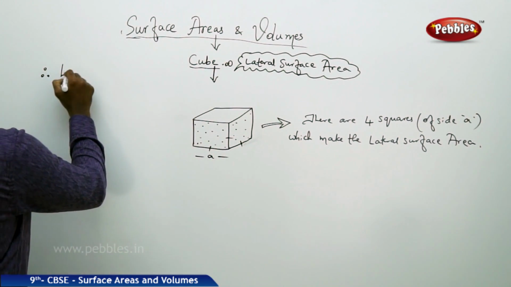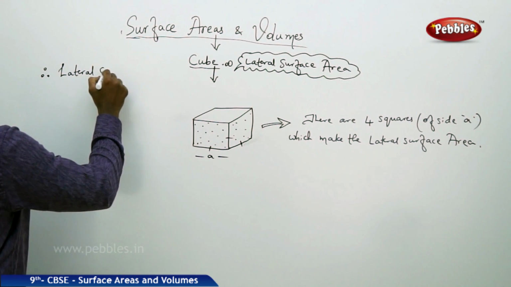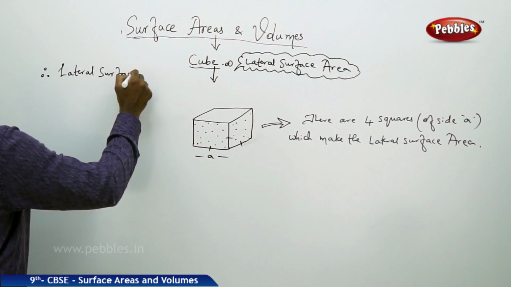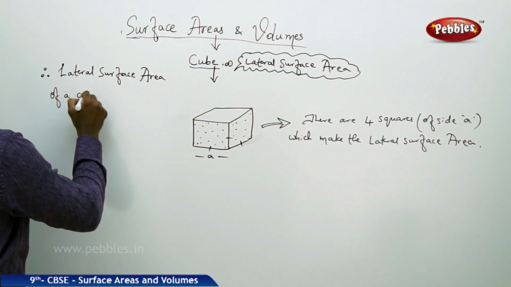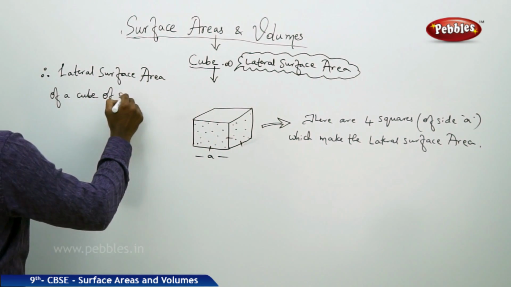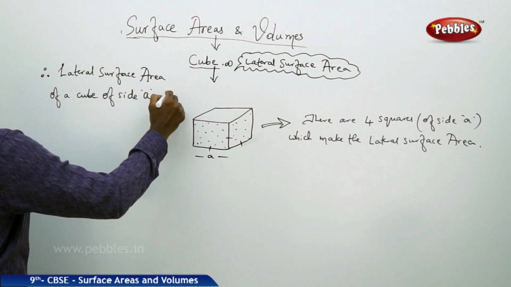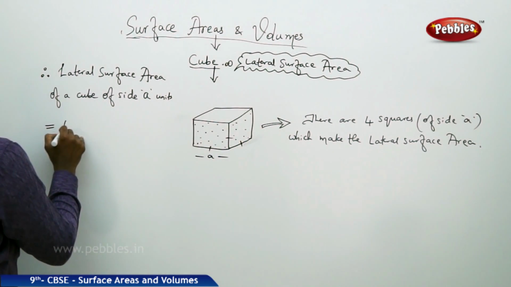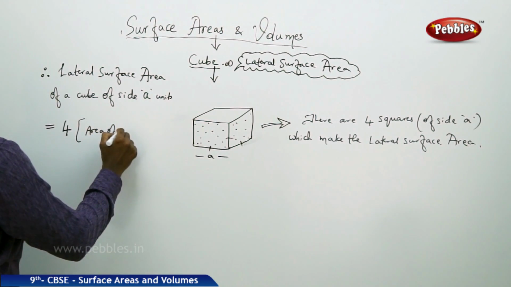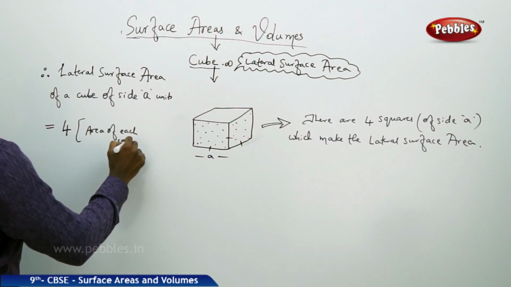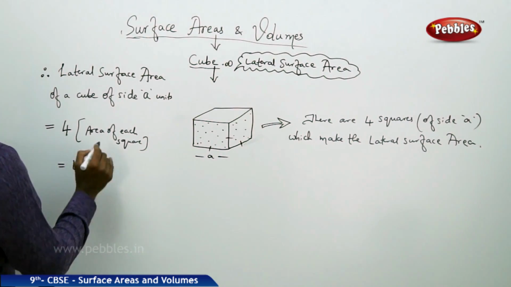Therefore, the lateral surface area of a cube of side A units is 4 times the area of each square, which is 4A square.